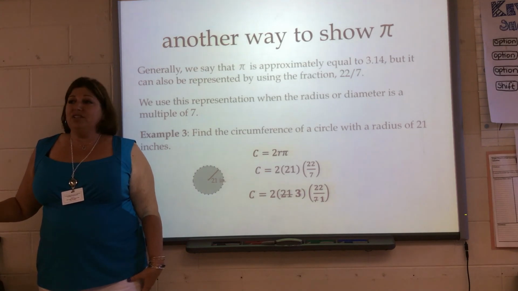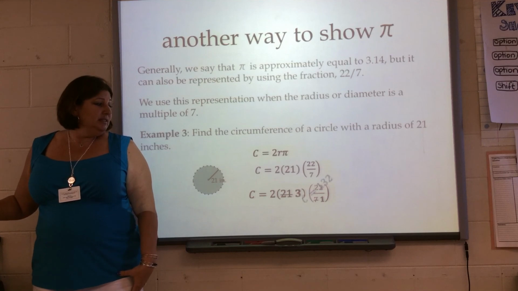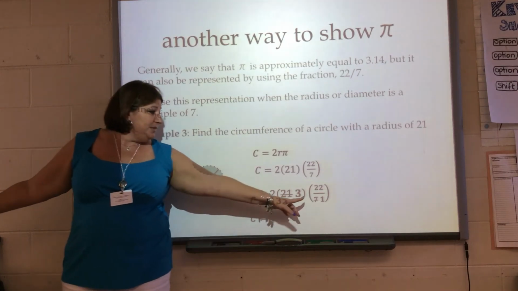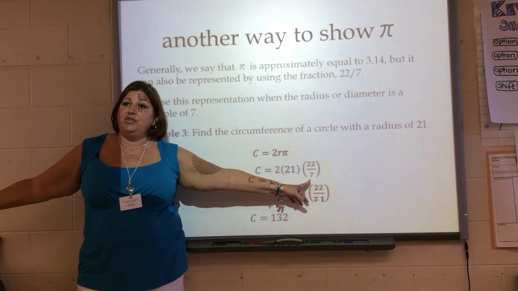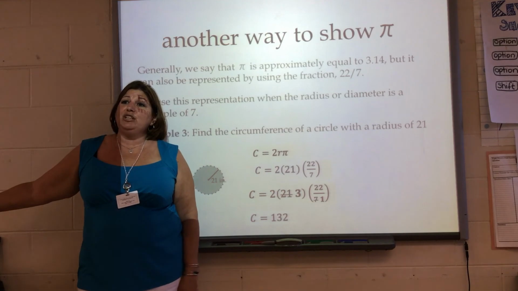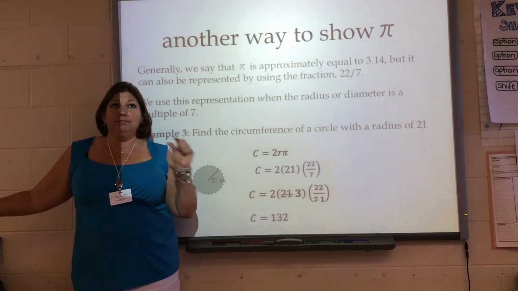And when I multiply 2 times 3 times 22, my circumference is 132. If you substitute 3.14 here instead of 22/7, you're going to get a similar answer, but this one is more specific. It's more distinct.